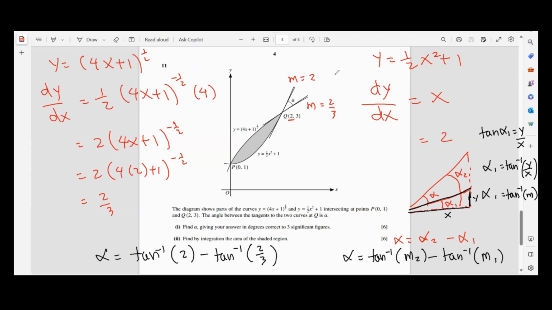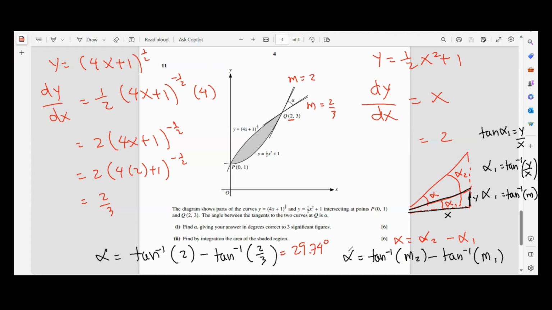Okay, let us calculate tan inverse 2 minus tan inverse 2 over 3. So I got 29.74 degrees. Okay, that is the alpha. That is for the I.